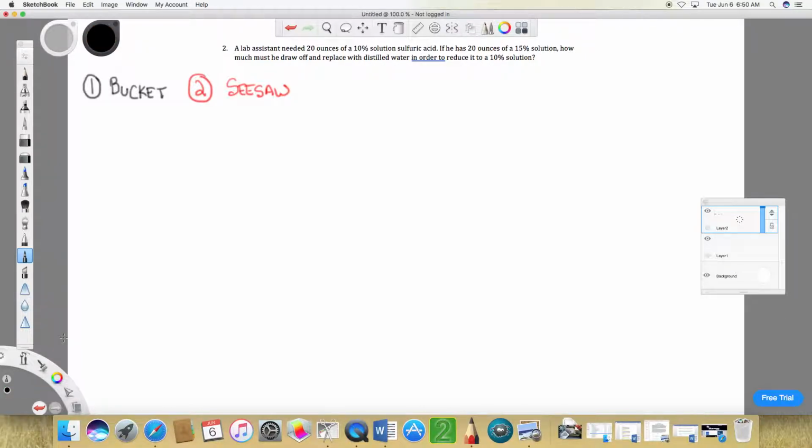So if I think of buckets, I've got this one slightly different than others. The bucket is a fixed size.